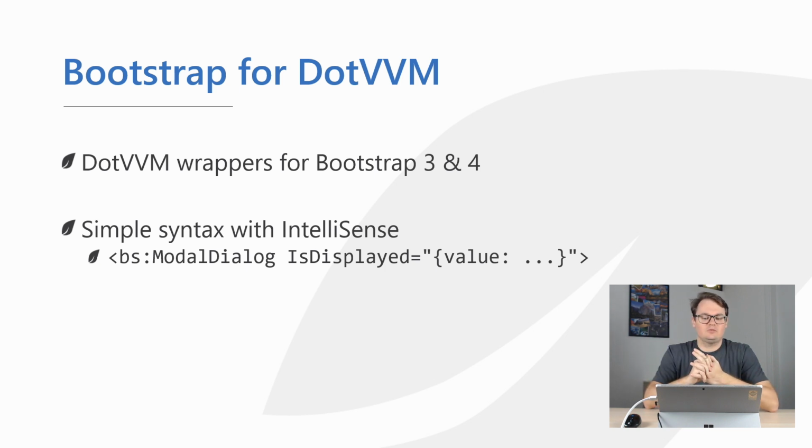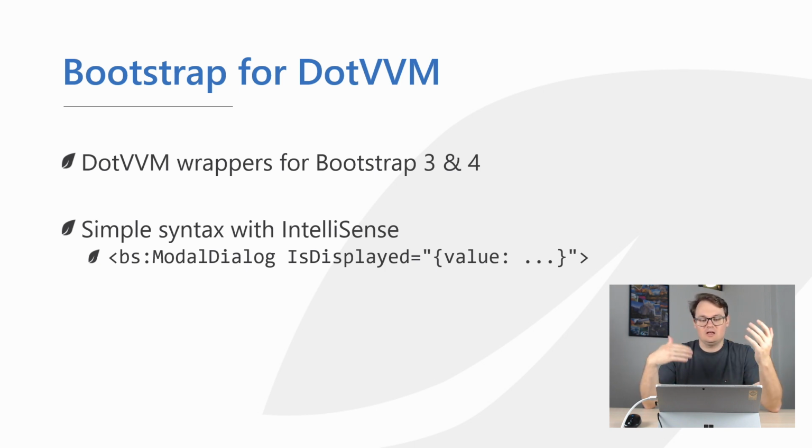So there is a displayed property, which you can switch by switching a Boolean expression or flag in the view model. And also there are features like that. If you press the escape key, for example, then the dialog will be closed, and also the view model value that it is bound to could be updated. So there are a lot of tweaks like that.